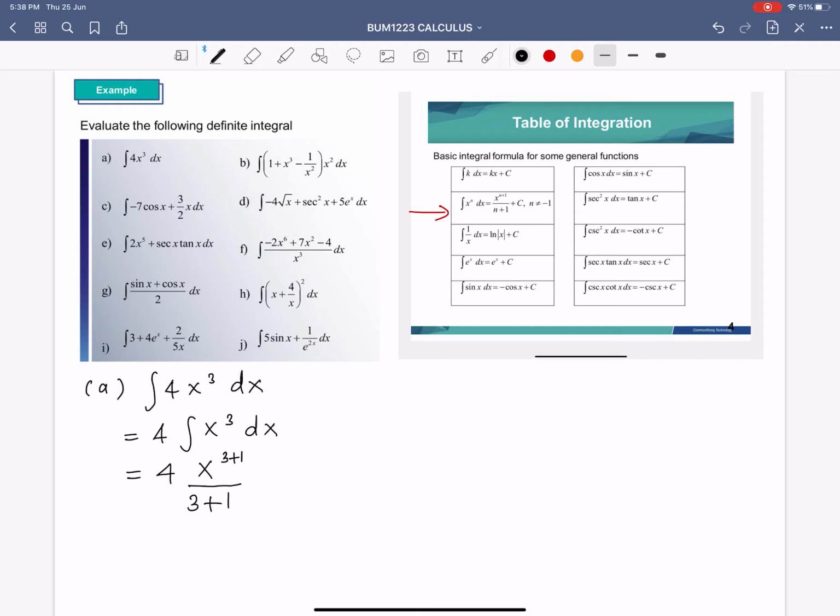So x power of 3 plus 1 over 3 plus 1 plus c, where this is equal to 4 x power of 4 over 4 plus c, which is equal to x power of 4 plus c, because we can cancel out this 4.